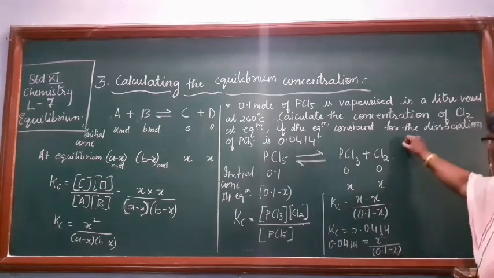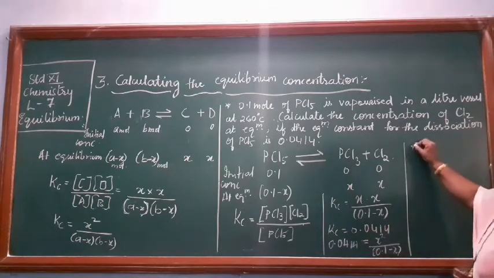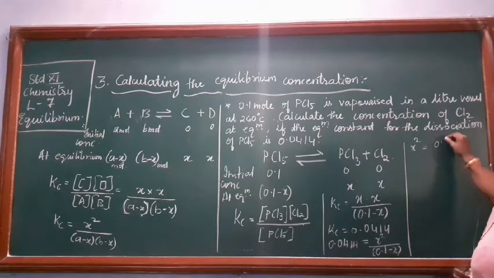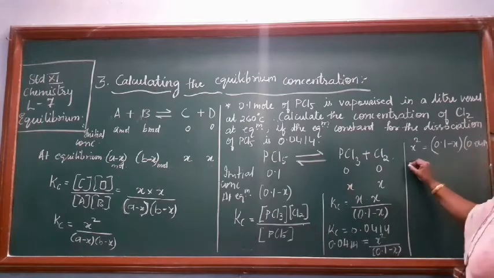Now just you multiply it that side. So what do you get? x square is equal to 0.1 minus x into 0.0414, ठीक है। अब मल्टीप्लाई कर लो, so what do you get?